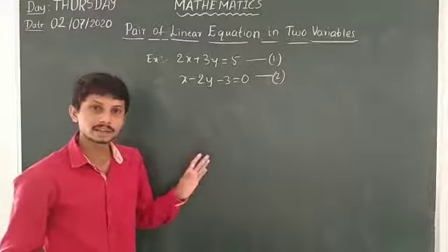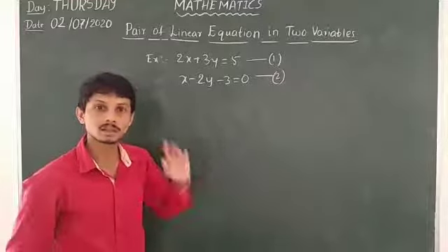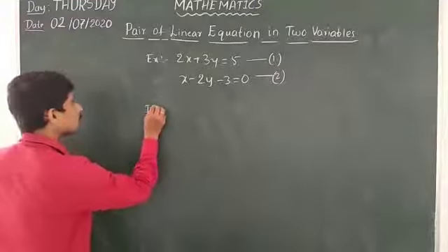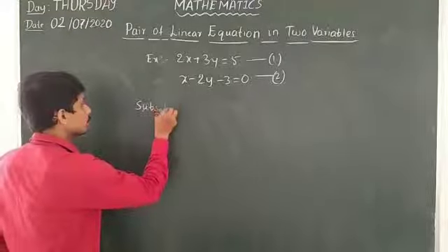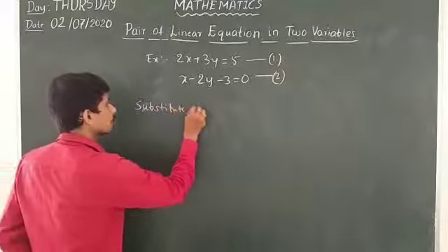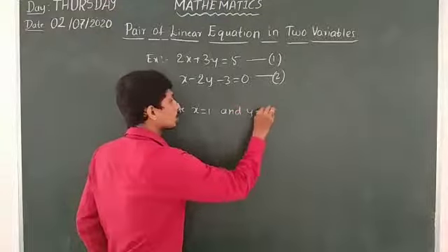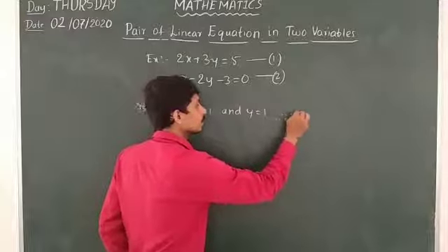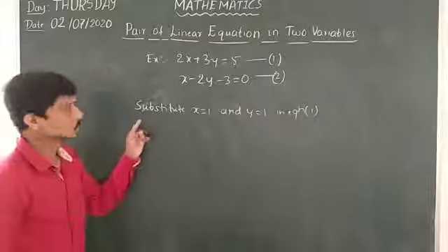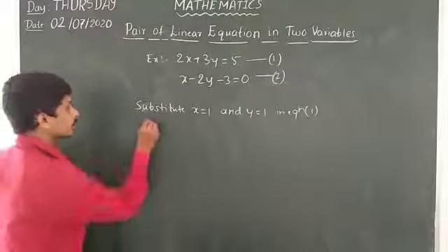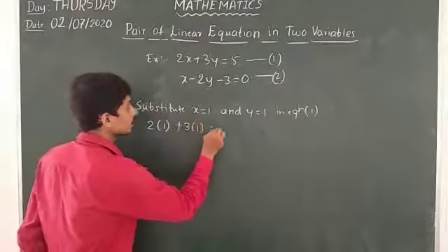I will take x is equal to 1 and y is equal to 1 in equation number 1. If I substitute x is equal to 1 and y is equal to 1 in equation 1, I get 2 into 1 plus 3 into 1 is equal to 5.